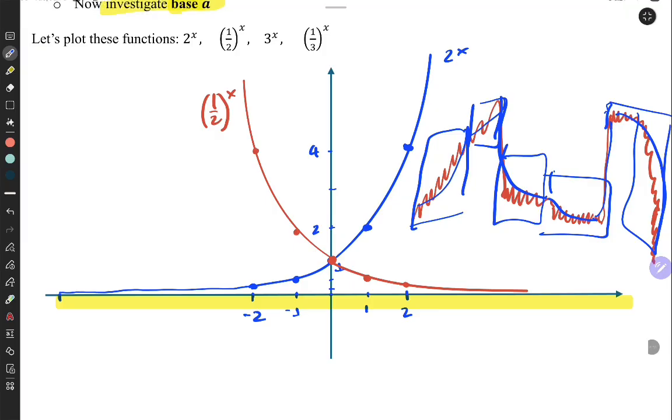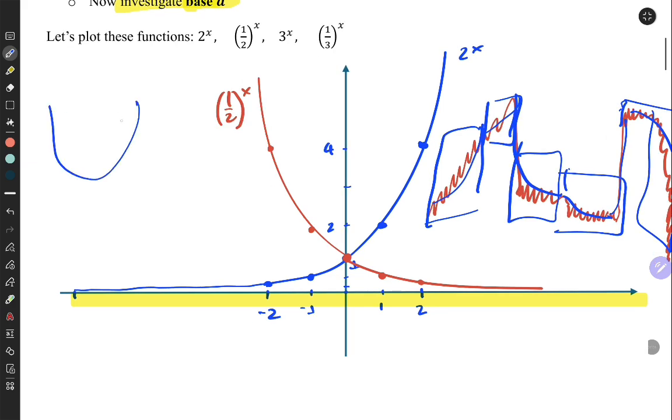Everything you see in the world, if you plot it in 2D like this, is exponential. The parabola, you cut in half: right side, exponential; left side, exponential. Everything is about exponential.